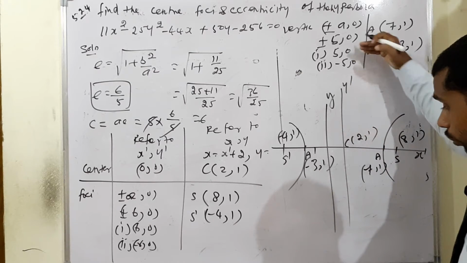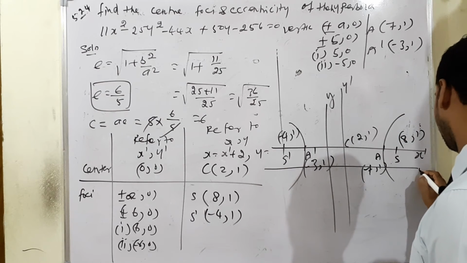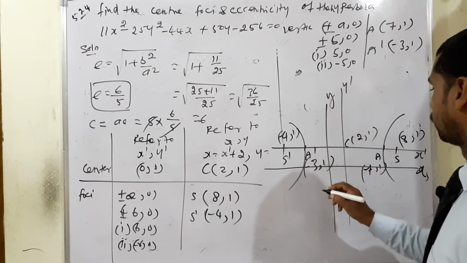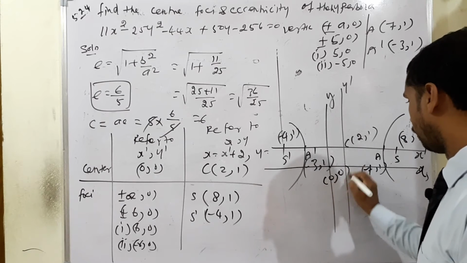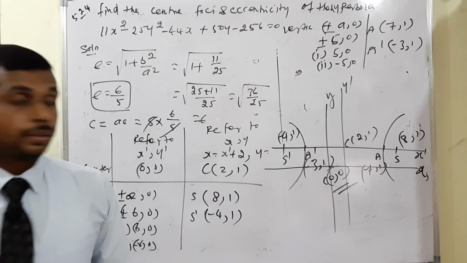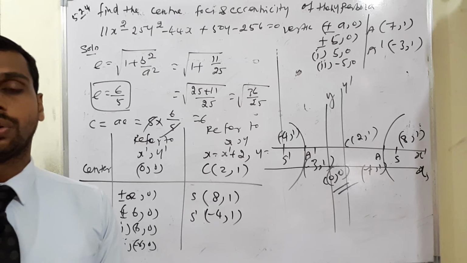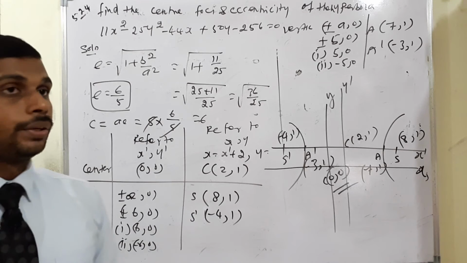Upward means 1, 2, 3 will move on. So this is called the X axis, this is called center (0, 0). This is the diagram. Okay, so this is an important concept. If you know the concept thoroughly, you can attempt whatever concept-oriented question. Okay, I will continue with the next example.